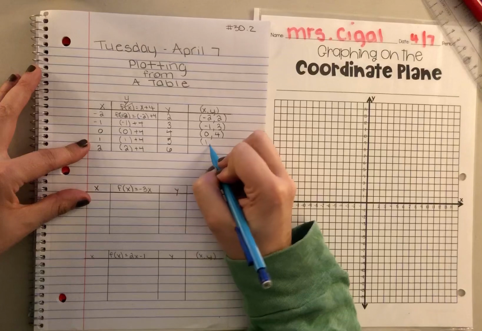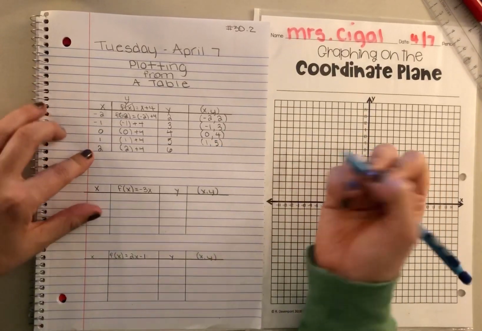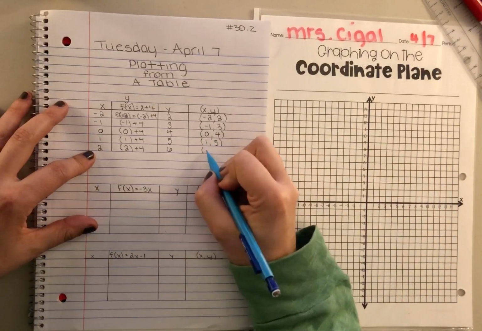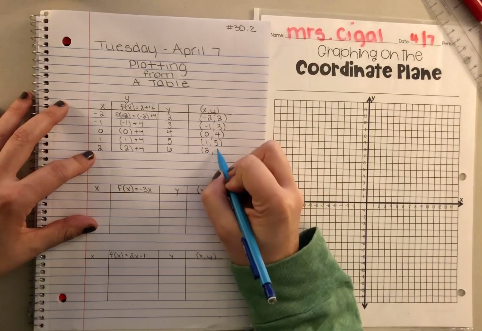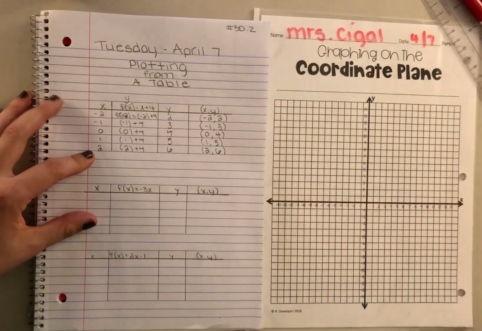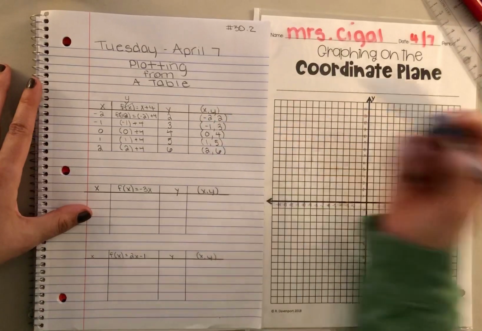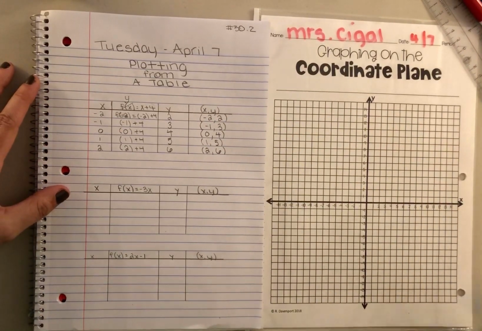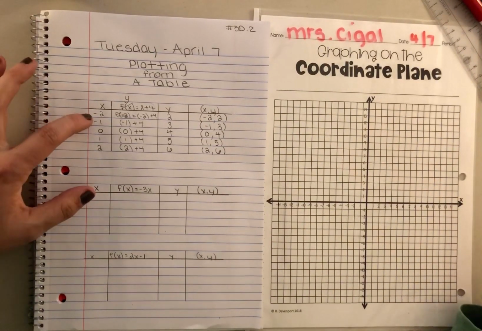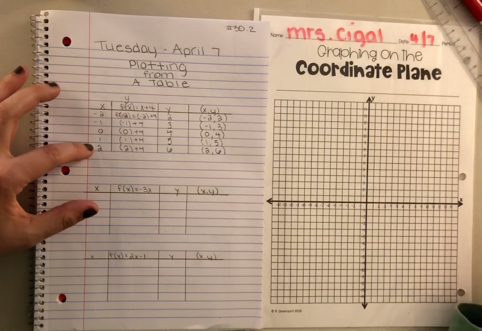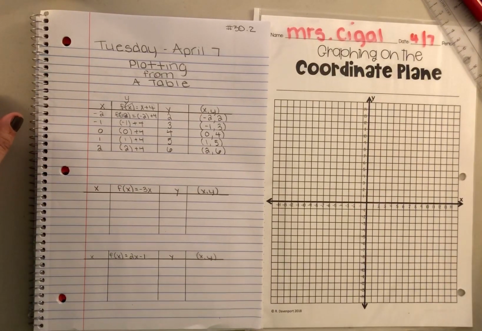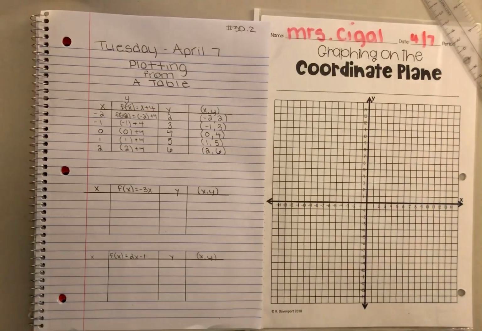When we plugged in a 1, we got 5. And then finally, when we evaluated this function with x equals 2, we got that y was equal to 6. So I've got this list of ordered pairs. That's not every possible point on this line, because we just picked these 5 x values, but it's 5 points on the line.